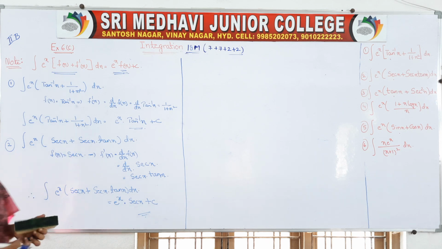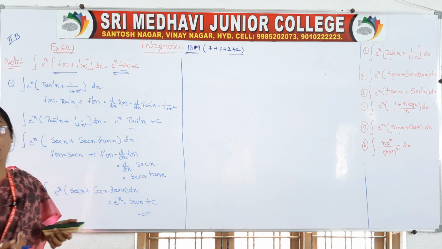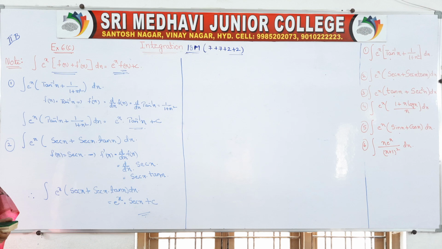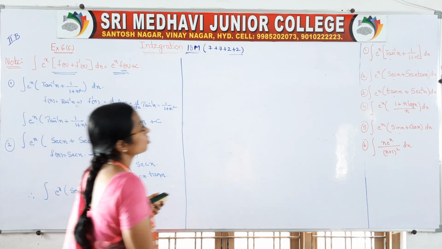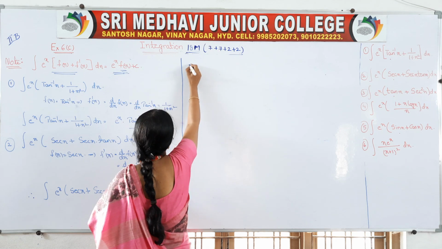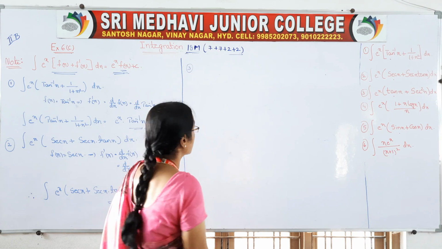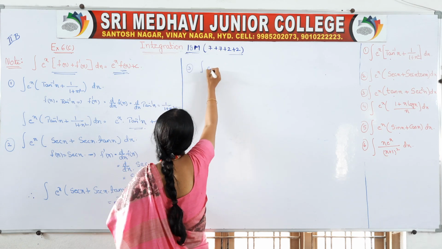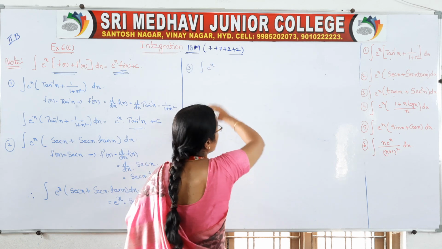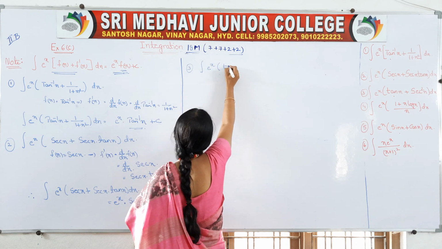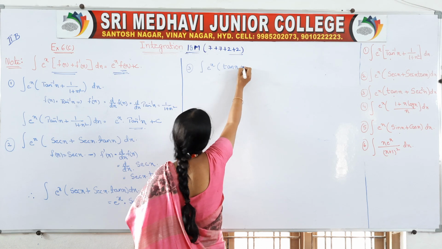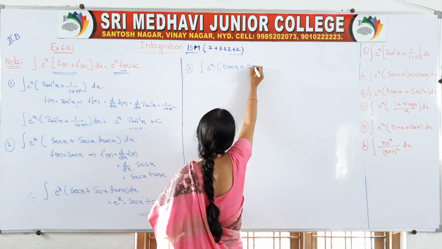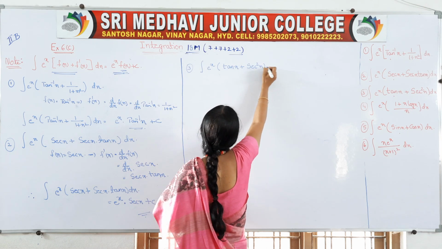So in all these problems, we should know which value should be taken as f of x, so that we can get the other value as f dash x. So come to the third question. What is our third question? Integral e to the power of x into tan x plus secant square x dx.